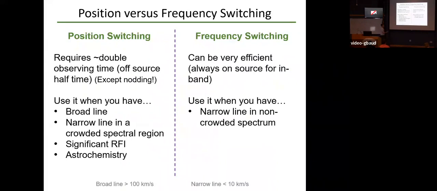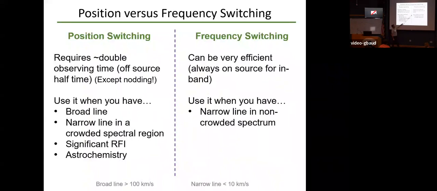If you have narrow lines in crowded spectral regions, right, because all of those positive narrow lines in crowded spectral regions, if you do frequency switch, are going to have negative components associated with them. You're just going to have a mess in your spectrum. Also, if you have significant RFI, position switching is the way to go for the same reason. RFI is going to show up as negative images as well, so you're going to have triple the RFI. And for all these reasons, astrochemistry wants to use position switching.